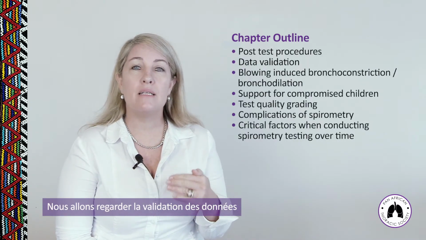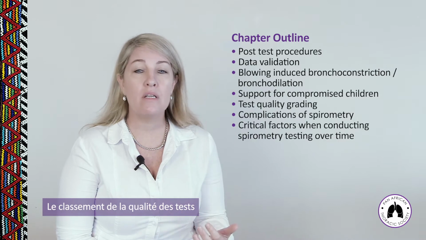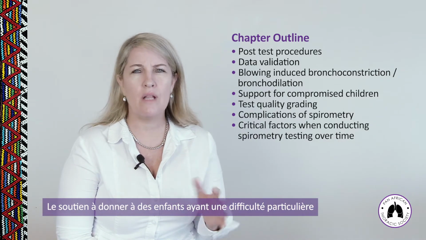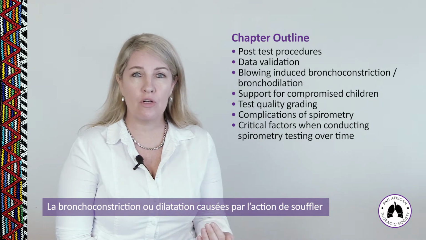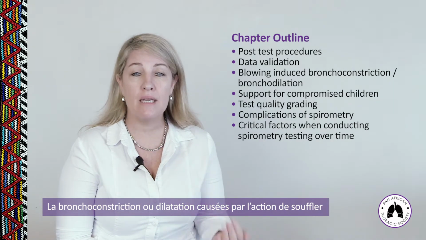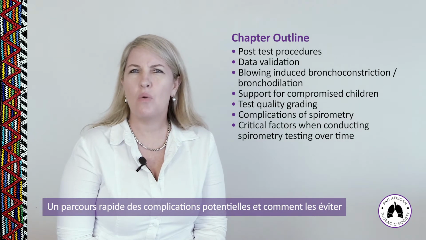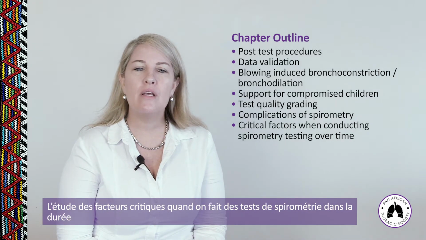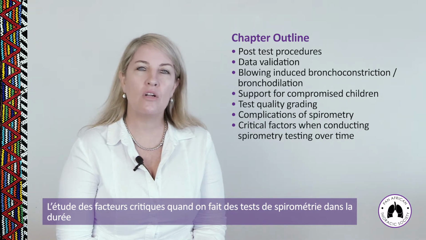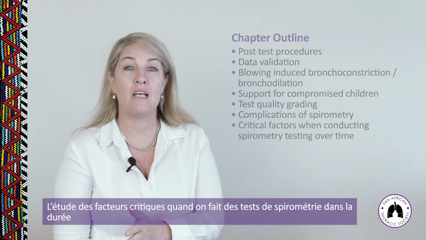We're going to look at data validation, test quality grading, how to support children that are compromised in some way, looking at blowing-induced bronchoconstriction, blowing-induced bronchodilation, and then a quick look at complications and how you can prevent those, and then looking at critical factors when conducting spirometry tests over time.